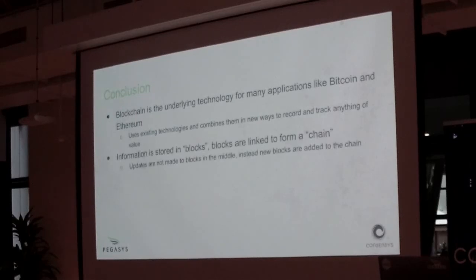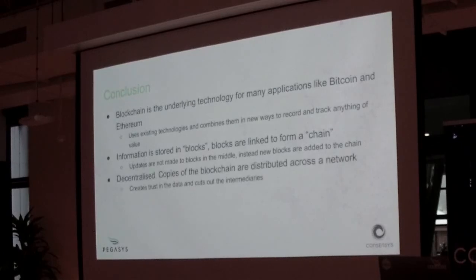Information is stored in blocks, which are then linked together to form a chain. We don't make updates in the middle of the chain, but instead we add new blocks to the chain to reflect the new data. It's decentralized, so copies of that blockchain are distributed across the participants in the network. This creates trust and cuts out those intermediaries that we have in traditional systems.